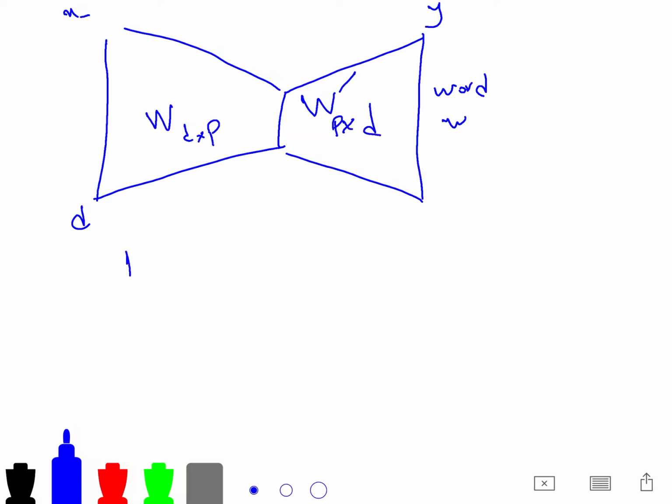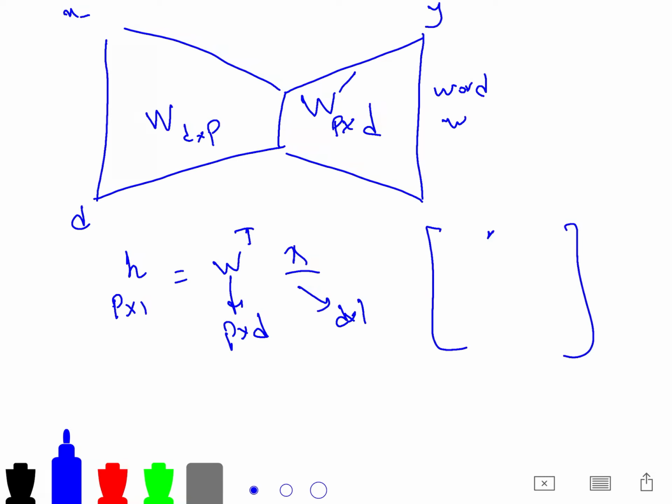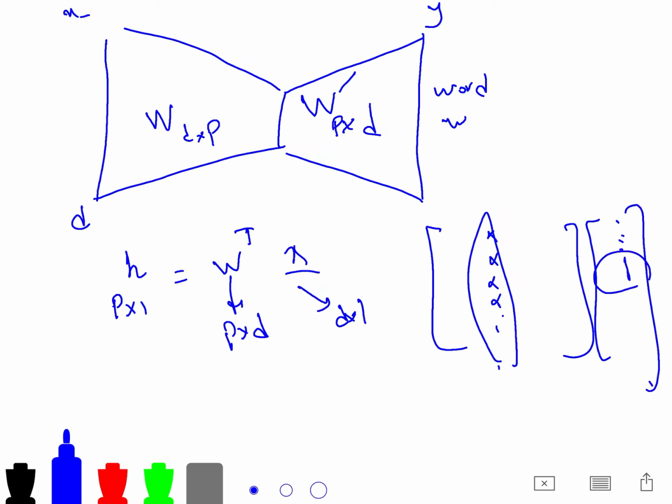So your hidden vector is p by 1, so it's just W transpose x, which is D by 1, and this is P by D. So H will be the k-th column of W transpose if X is non-zero at this location. So you are just picking that column, because if you multiply with this 1 at location K, you're just picking that at location K.